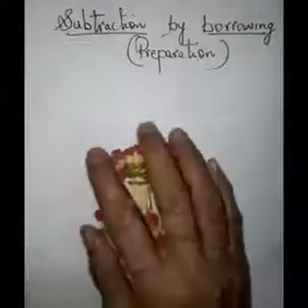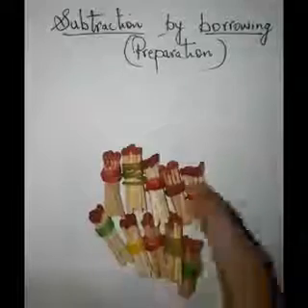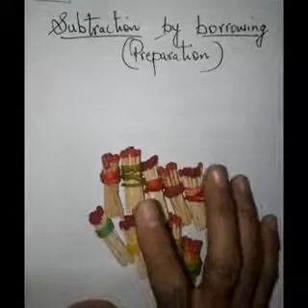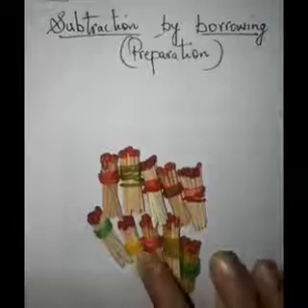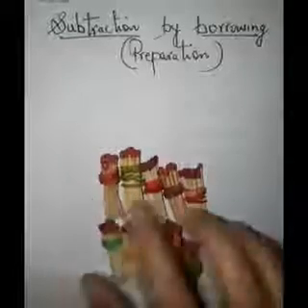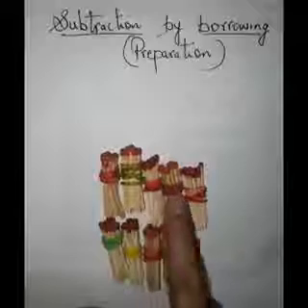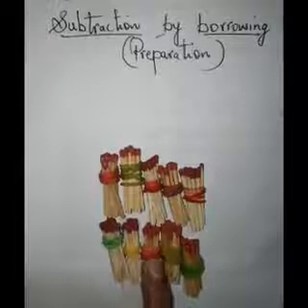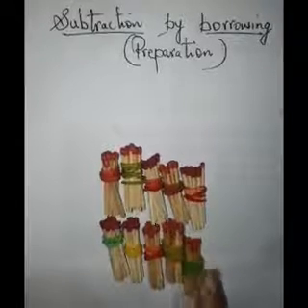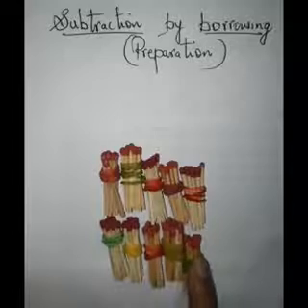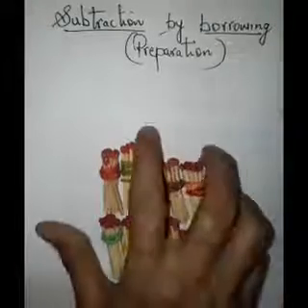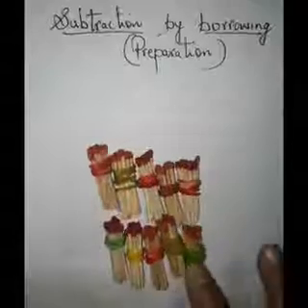That means all together these are 100 matchsticks. And if you say in the form of tens, how many tens we are having? 1, 2, 3, 4, 5, 6, 7, 8, 9, 10. So 10 tens is equal to 100. This I had already taught you all.